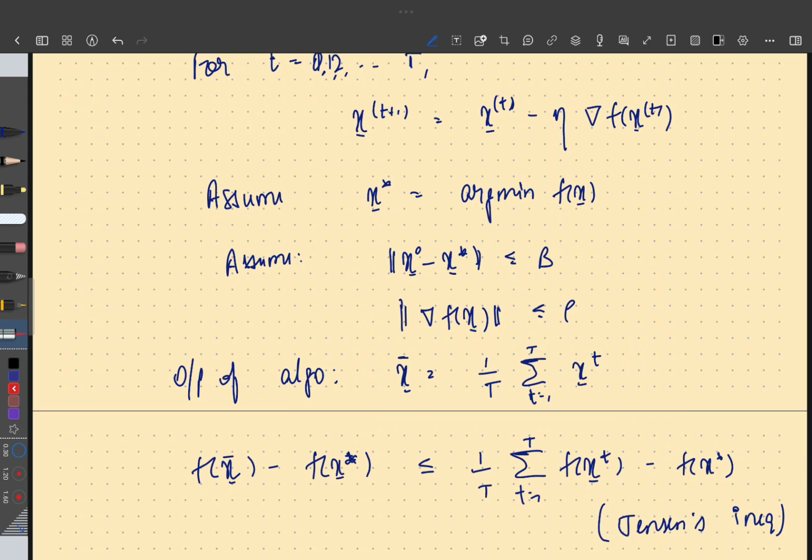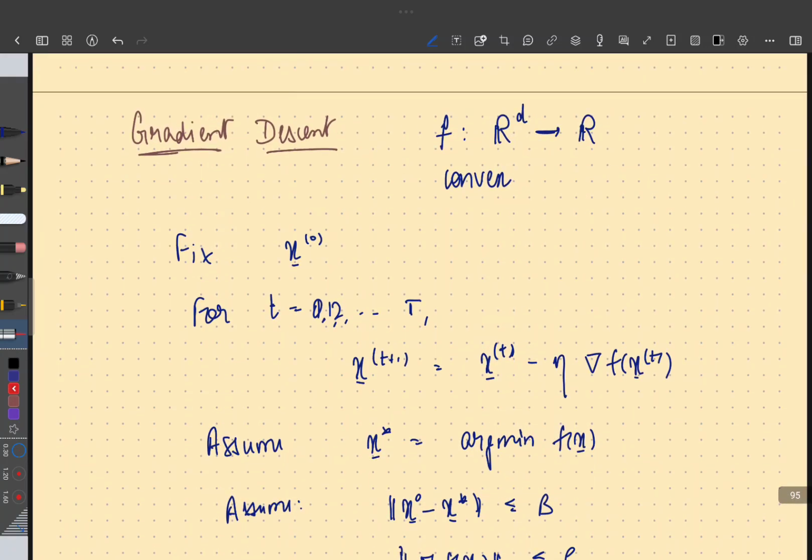Okay, maybe you're getting confused a little bit with the notation. The x_t's here have nothing to do with the data points. Right now, we're looking at optimizing an arbitrary objective function which is convex and has some nice smoothness properties. You can forget about SVM and everything else that we did before.